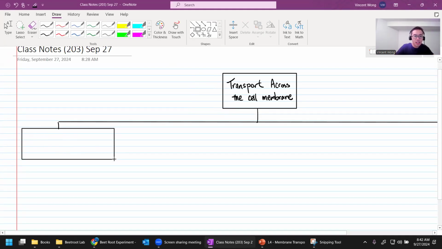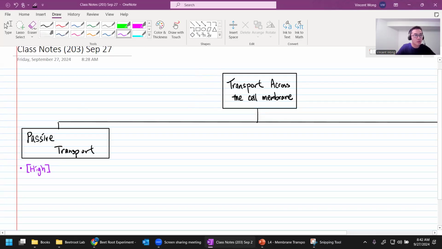So some transport, we call passive transport. Passive transport. In passive transport, the materials are moving down their concentration gradient. Okay, so this is going from high concentration.